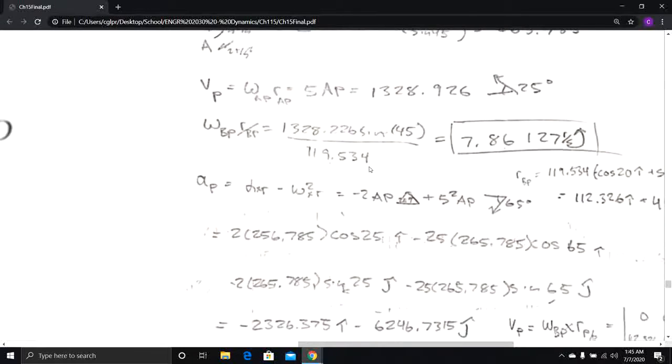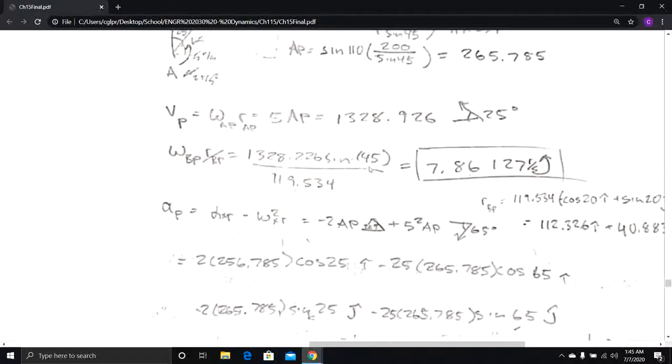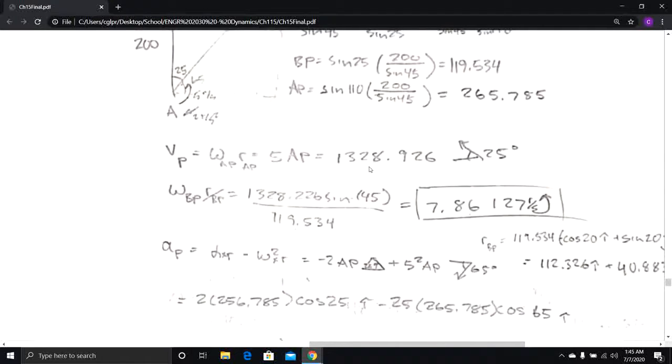Finding the acceleration is a lot more difficult. Generally speaking, that acceleration is going to have two components: the normal acceleration right here, as well as the tangential acceleration. I'm confused why we have to subtract the normal acceleration.